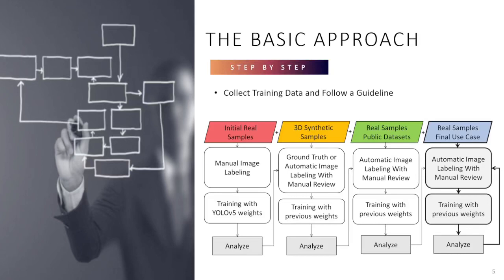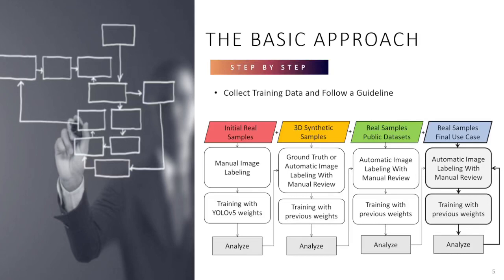The next is the introduction of real samples gathered from public image datasets. Those get automatically labeled with the most recent model update and manually reviewed, then trained with weights from the previous session. Then you analyze the final metrics and, again, do detections.